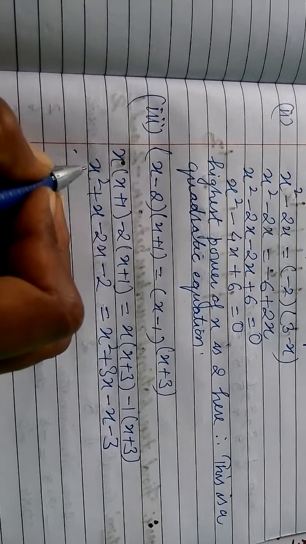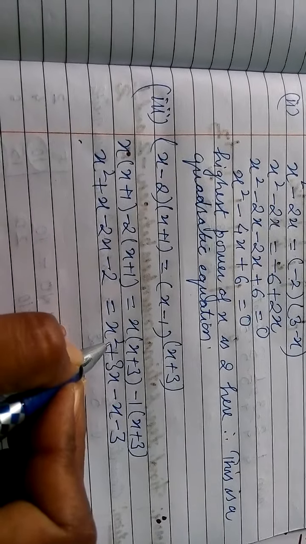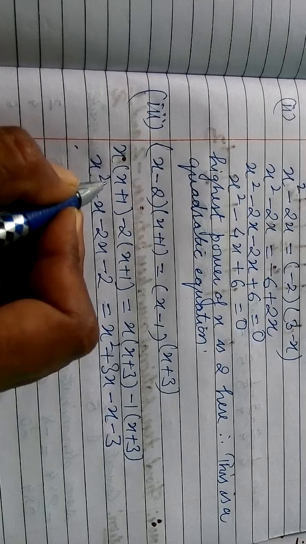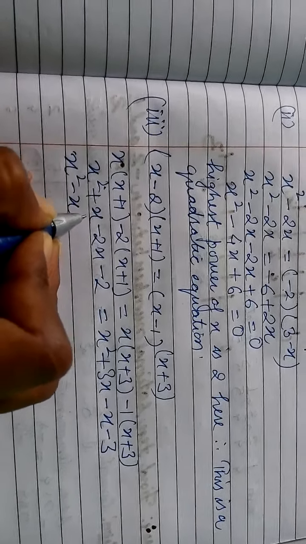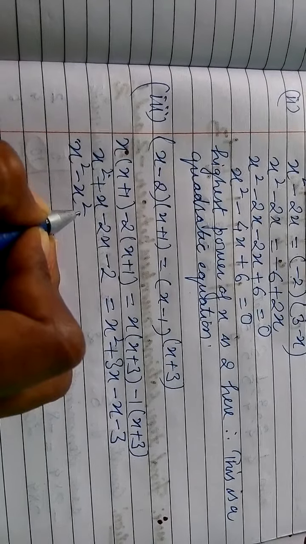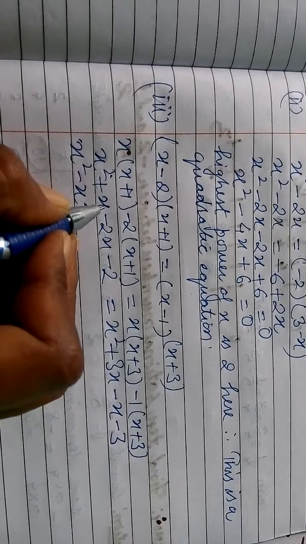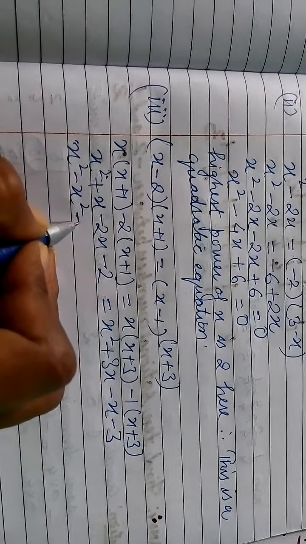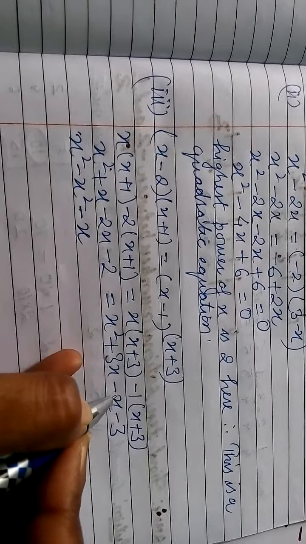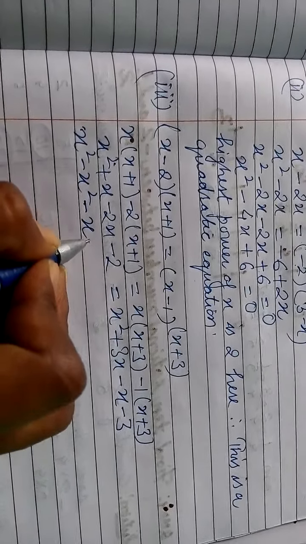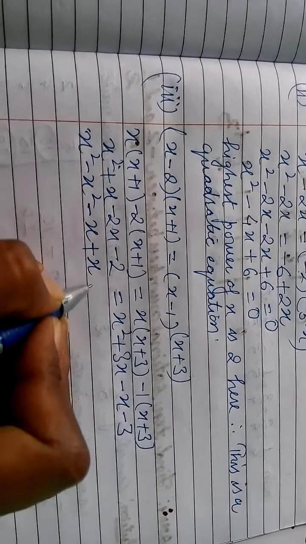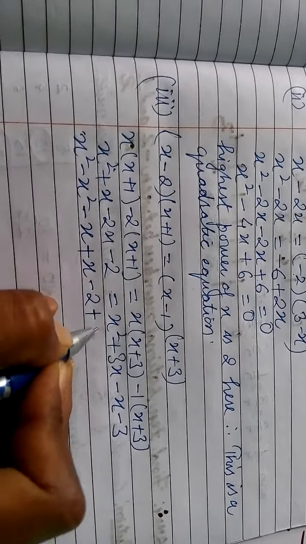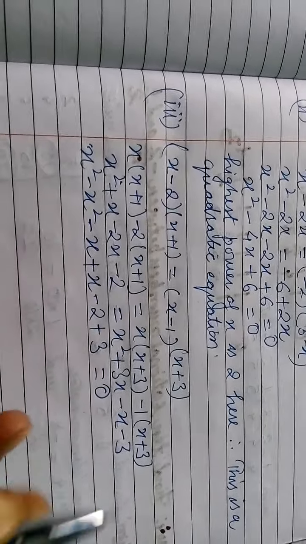Now you can see that x square will cancel with x square, x minus 2x gives minus x, and from here you bring this x to this side, which turns into positive x, and minus 2 plus 3 is equal to 0.